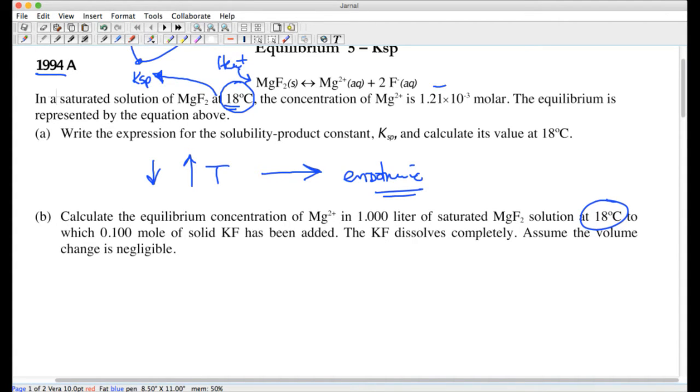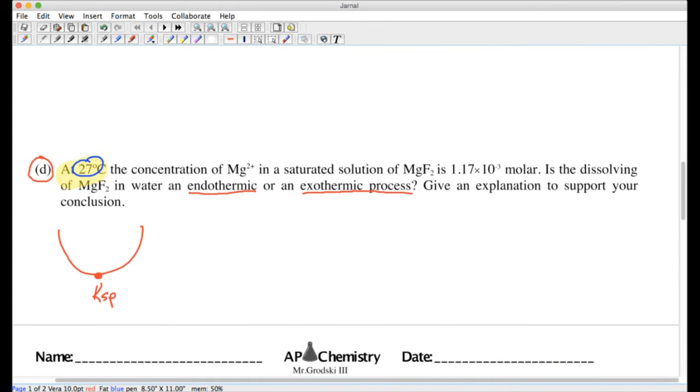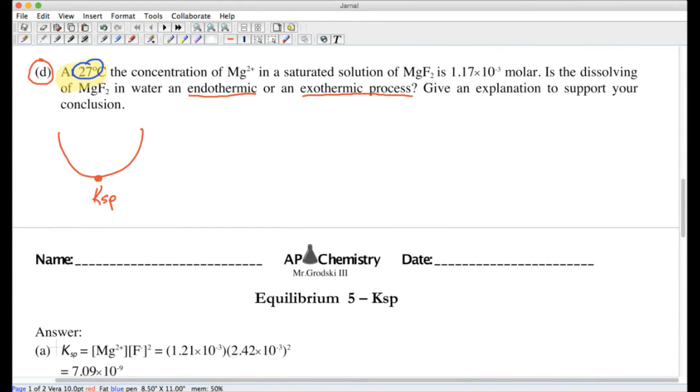So back to the problem. I know I don't have the work here. What do we know? Well, at 18 degrees Celsius, the problem that we just did, they used the word saturated, and saturated is what we talked about in class. That screams equilibrium to you, as these problems are.